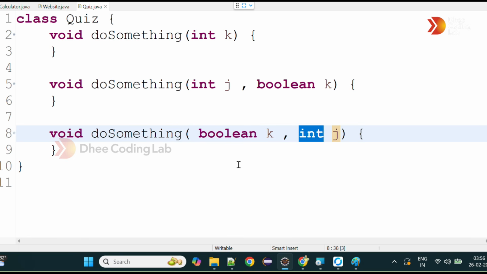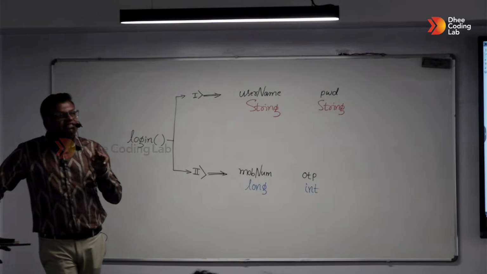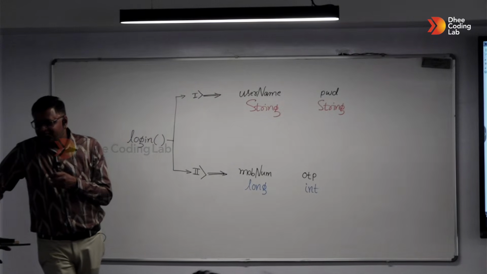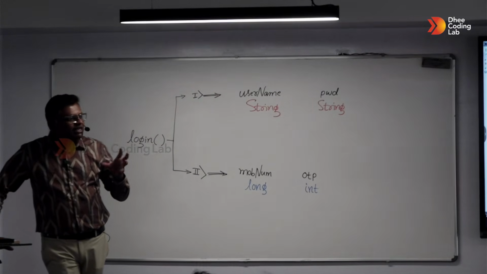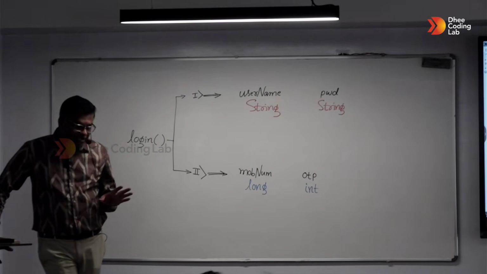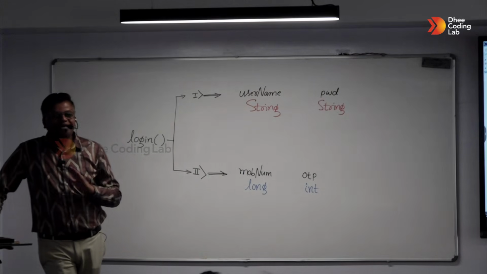Remember one thing, practically in projects we never overload methods just by changing the sequence of the signature. How does it matter which is first, which is second? Syntactically it is a difference, but practically we don't do that. If you really want to overload, do it with the number of parameters or the data type of the parameters.